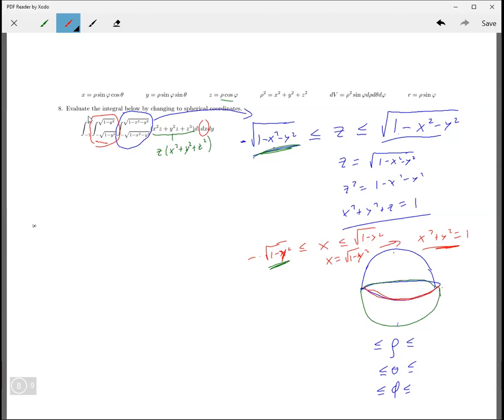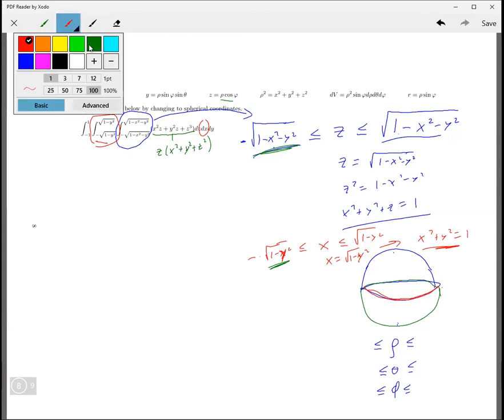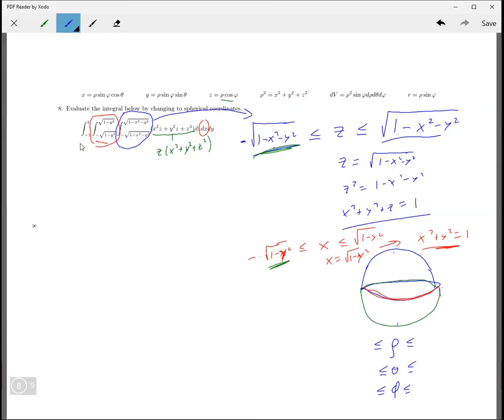Okay, and then this negative 1 to 1, you're going all the way. So this is basically saying integrate over the whole sphere. These limits of integration are the sphere, within the sphere of radius 1.